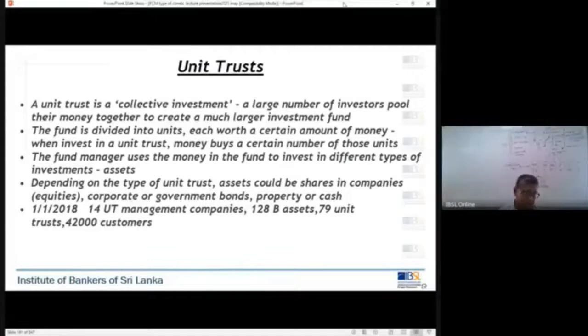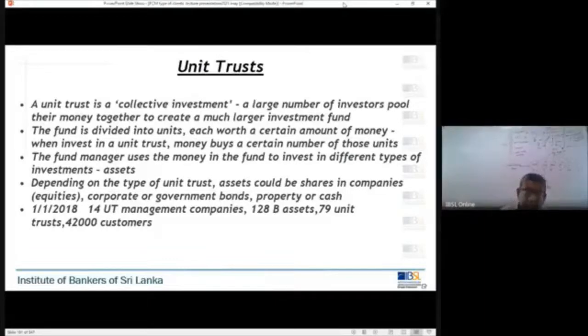Then what happens? The unit trust company invests that big money in different investment instruments, collects some profits and some dividends, and the money they have collected is given to the investors based on their investment amount. So that is what you call a unit trust.